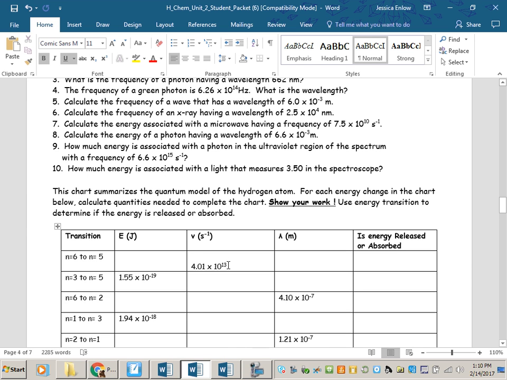So 10 has a light measurement of 3.5 in the spectroscope. In the spectroscope, what did you guys have to do to get that to actually angstroms? Multiply by 1,000, so 3.5 in the spectroscope meant 3,500 angstroms. What was the conversion between meters and angstroms? 1 times 10 to the 10th what?